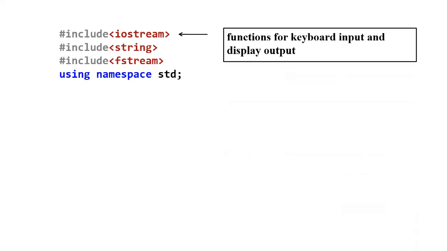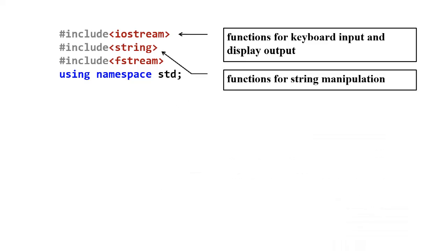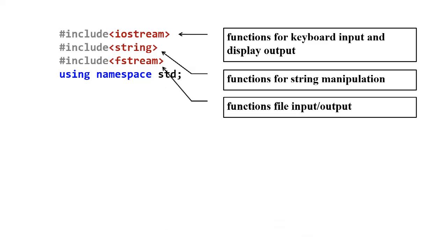I think for this program we need the input-output stream library for keyboard input and display output. We also need the string library for functions to manipulate strings, and the fstream library for file input and output. And as always, we're using the namespace standard.